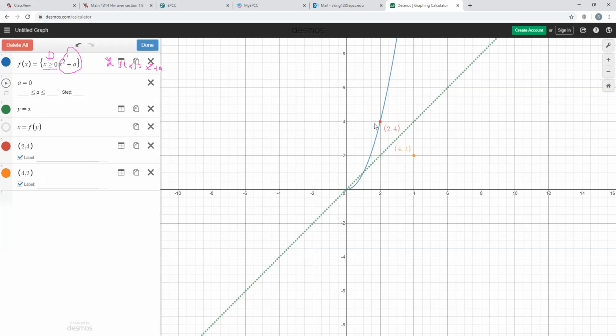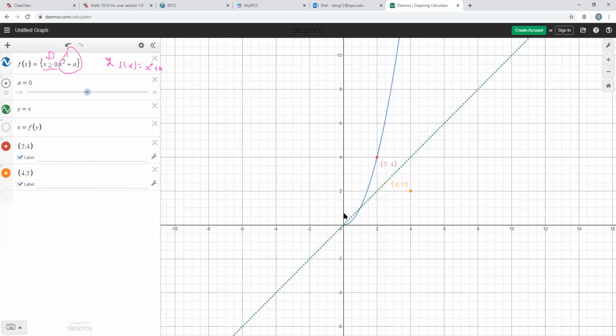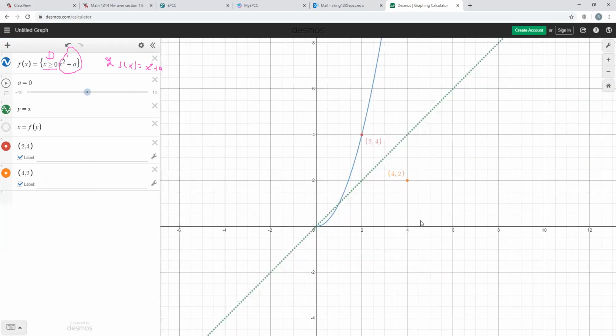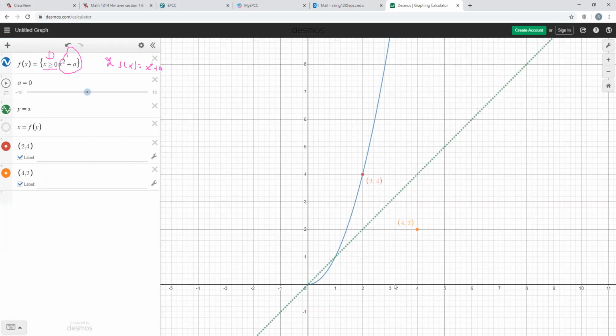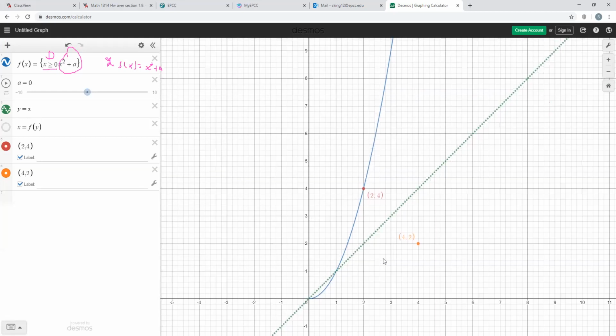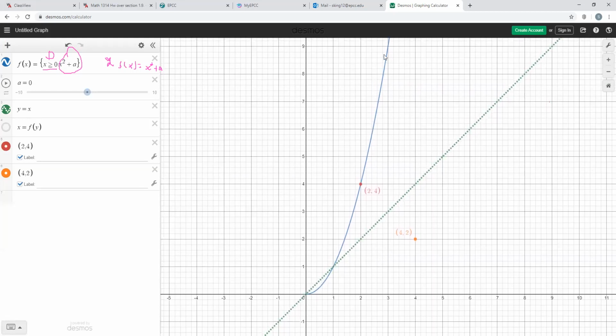Now that will happen for every single one of these points. So for example, 3, 9, three, 9 is on the graph right here.